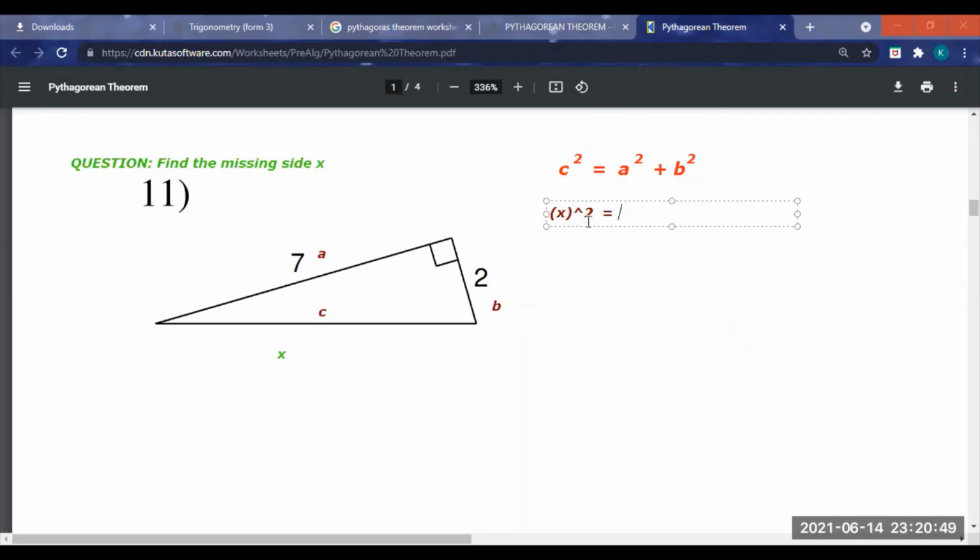This is just how I write to the power of 2 when I'm typing, if I'm doing the working live like this, because usually teachers just put the solution, but I find my students tend to understand a bit more when I do the solutions like this, because they get to see how actually to write it up themselves if they're unsure. So C is X, so you get X squared. A is 7, 7 squared, and B is 2, 2 squared. So x remains as x squared, 7 squared is 49, 2 squared is 4.